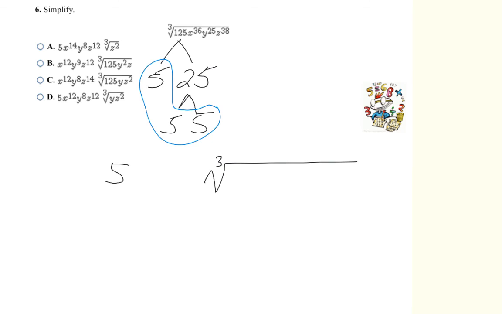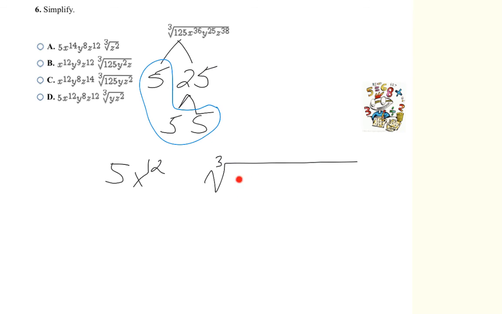So now I'm going to look at the exponents on my variables to see how I'm going to split those up in my answer. So this time, how many times does 3, the index, divide into 36, the exponent on the x variable? So 3 divides into 36 12 times, so x to the 12th power with no remaining.